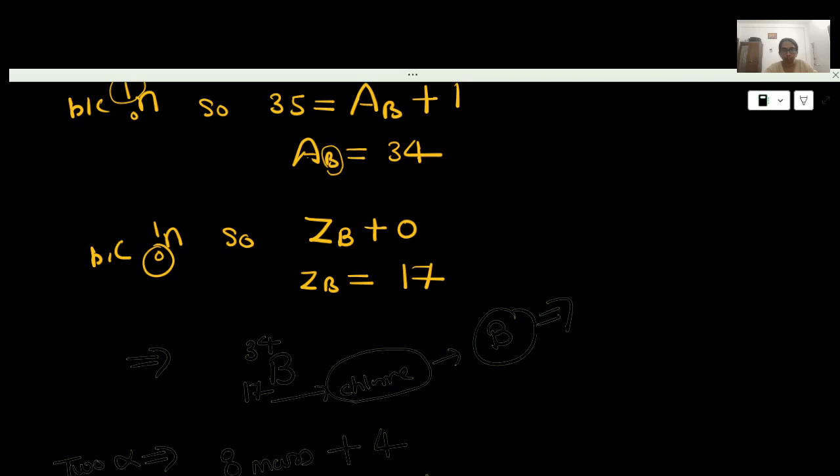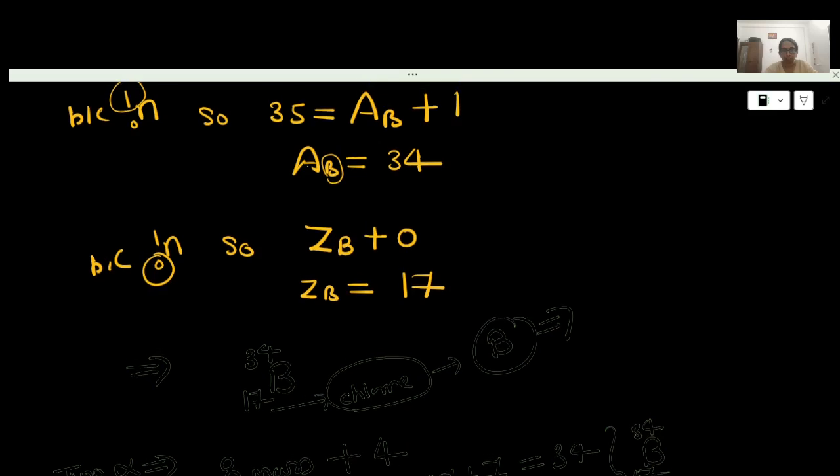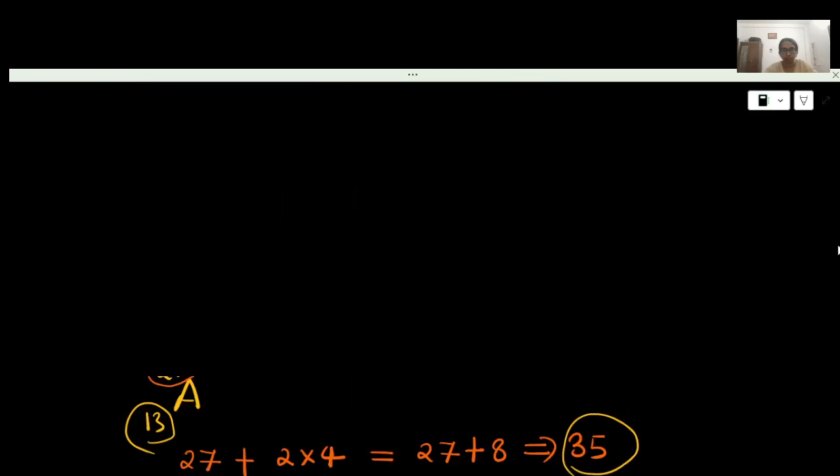So 27 plus 7 is equal to 34, and 13 plus 4 is equal to 17. It will be B, that means 34 and 17, right. So you can calculate the mass and atomic number for the unknown.